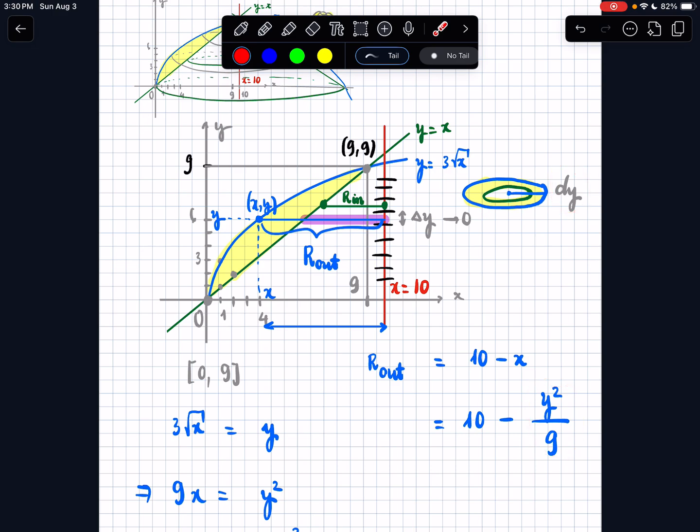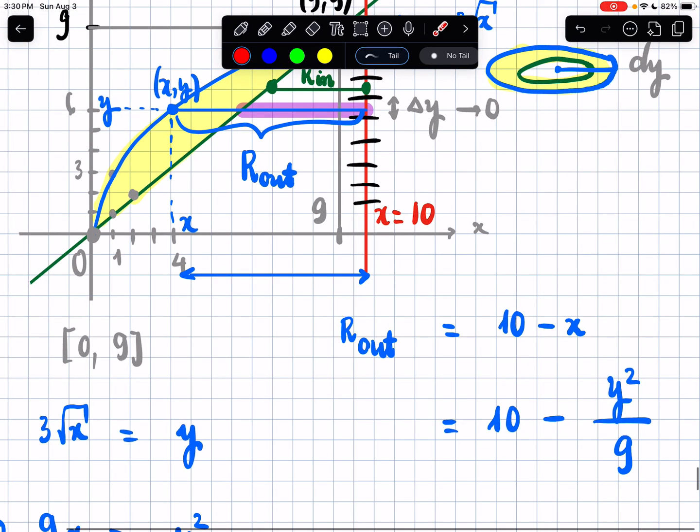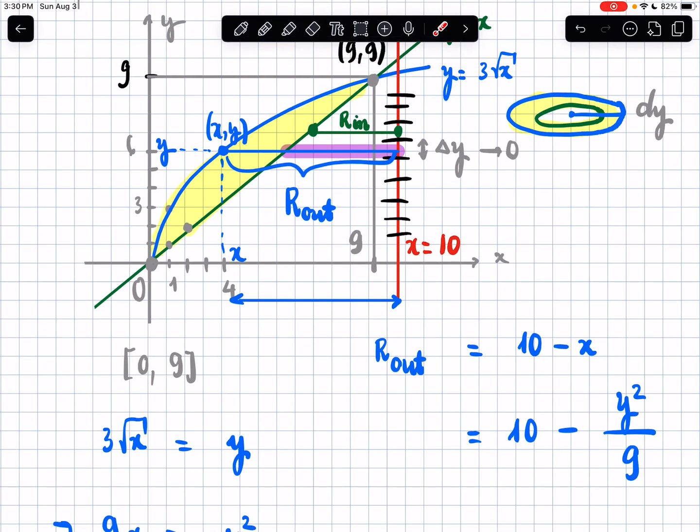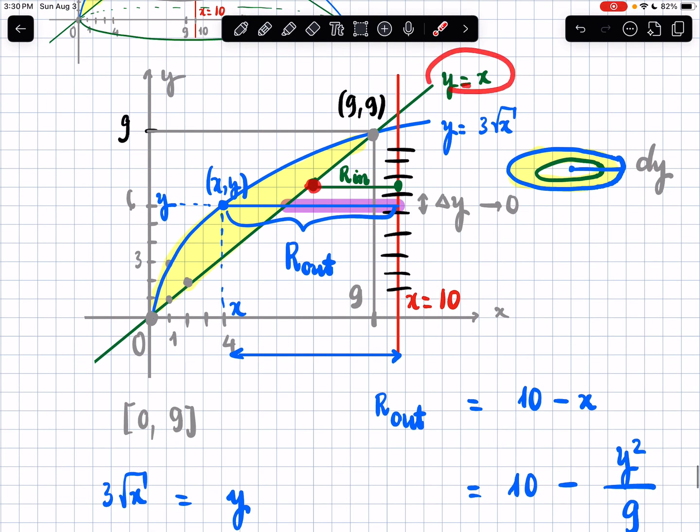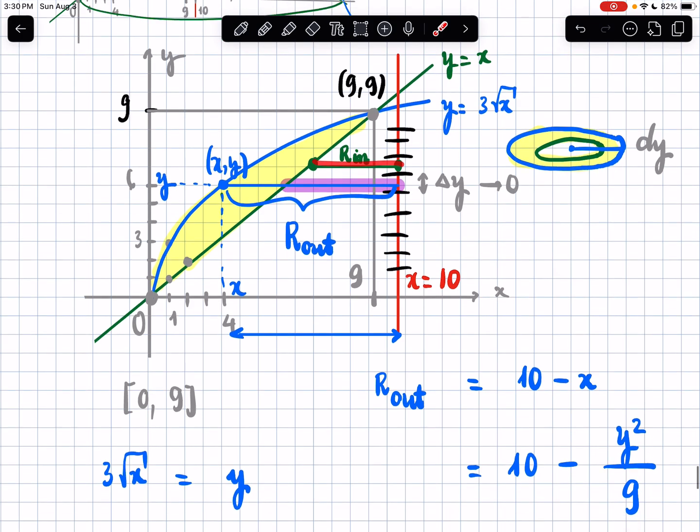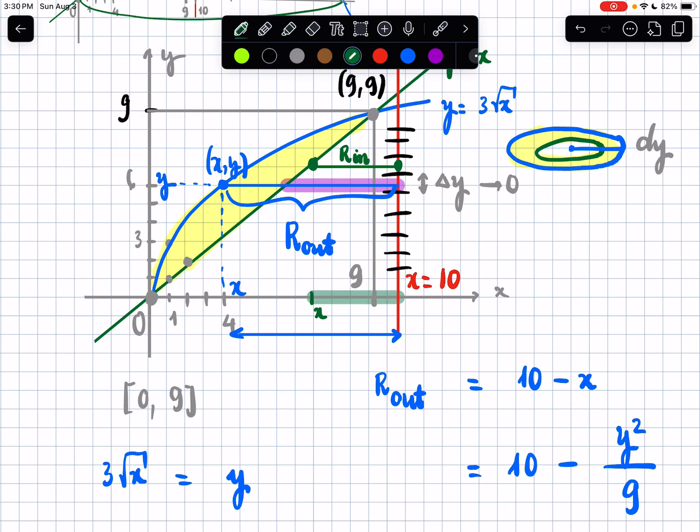And for the inner radius, r inner is a distance from this point. The point lies on the green curve, y equal to x, to the axis of revolution. So this point corresponds to here. So say, if we have a point x, y, where x is here, then the length from here to here is 10 minus x.